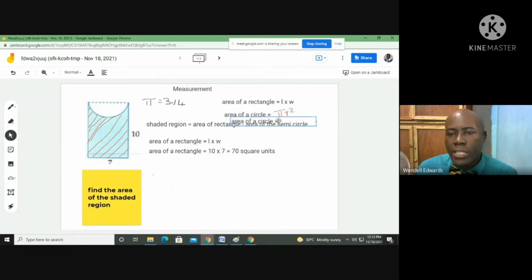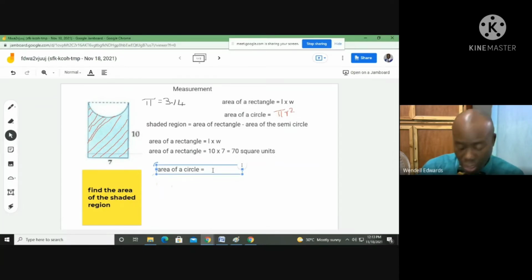Everybody, let's duplicate this part, which is the area of this circle. But we're going to have to understand that it's a semicircle we're finding in the end. So the area of the circle is pi r squared. Now, this is the issue. What is the radius?